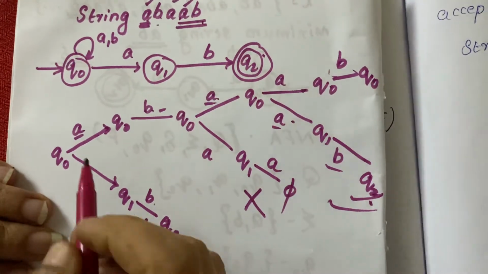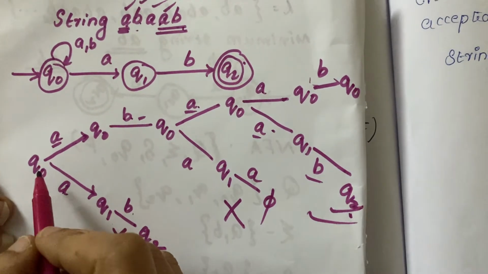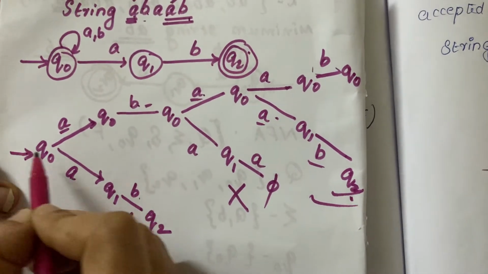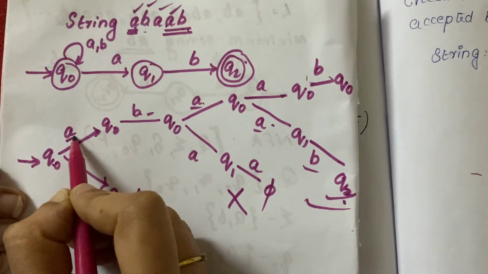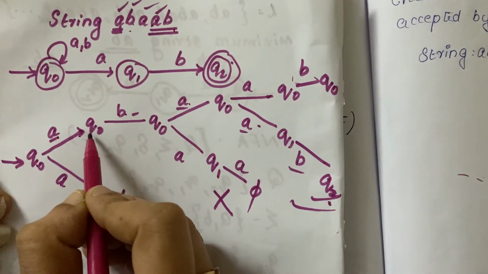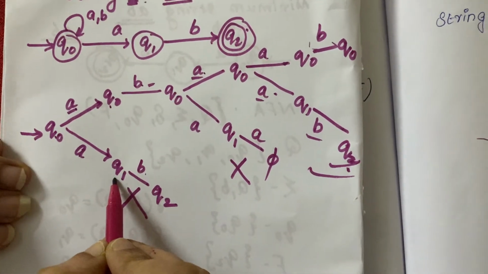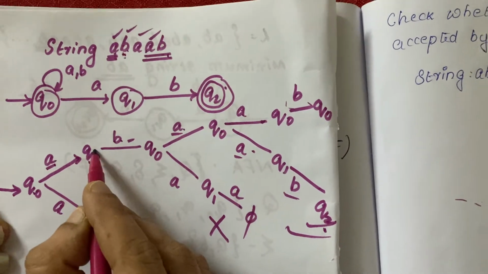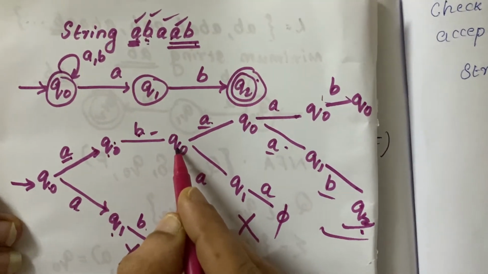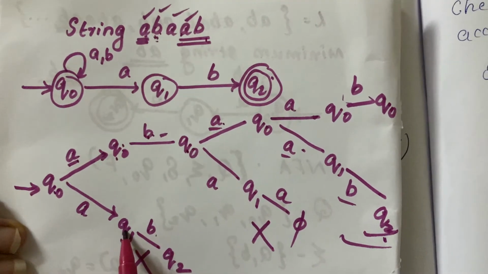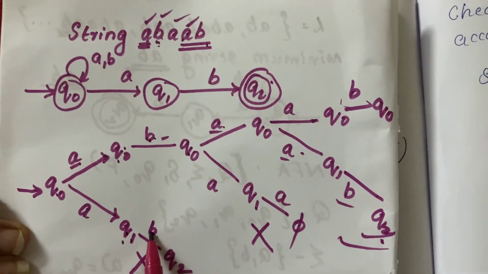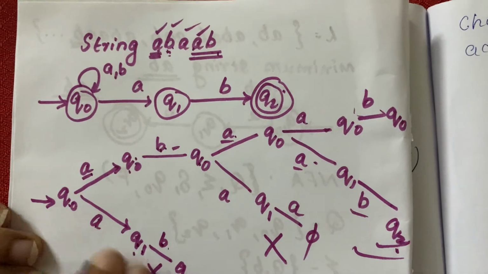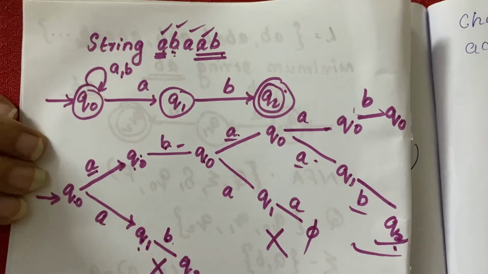Once again I will explain. First we come to the initial state Q0. It accepts A and goes in two directions: one to Q0 and one to Q1. Which is the next input symbol? B. Q0 on accepting B goes to Q0. Q1 also we need to treat, because that is a different transition.